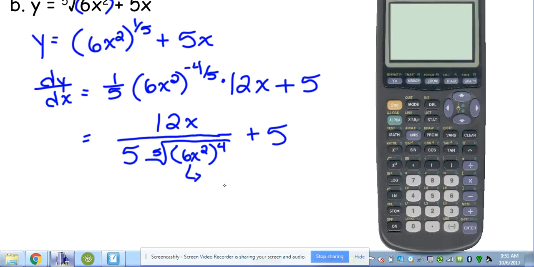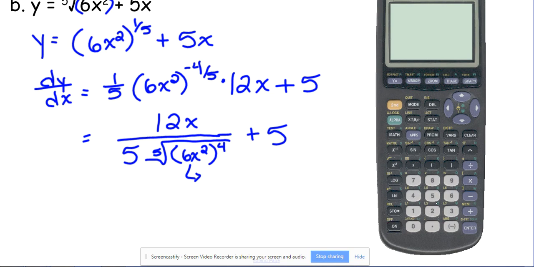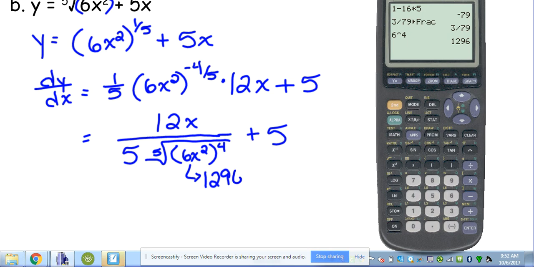So 6 to the fourth is, really big number, 1296. And when we raise a power to a power, we multiply, so that's x to the 8th.